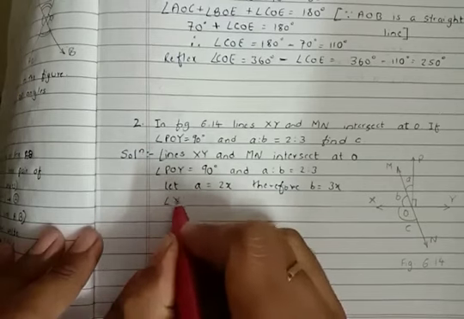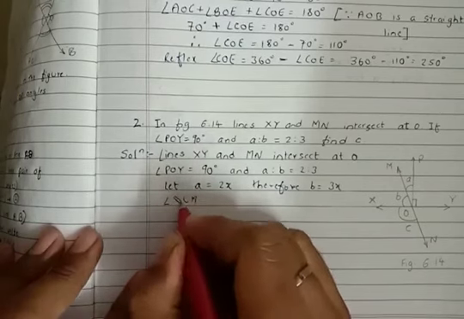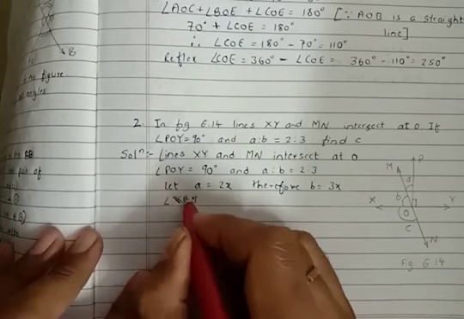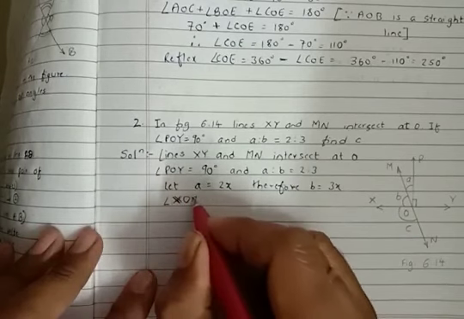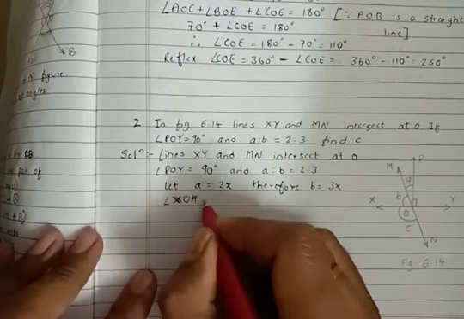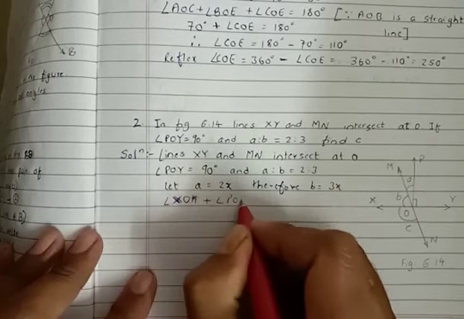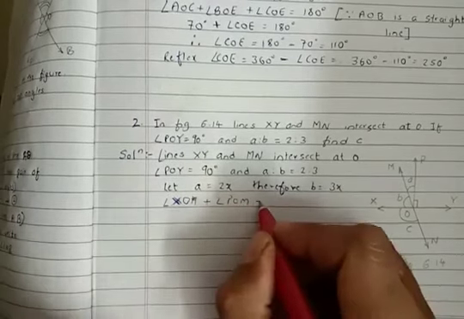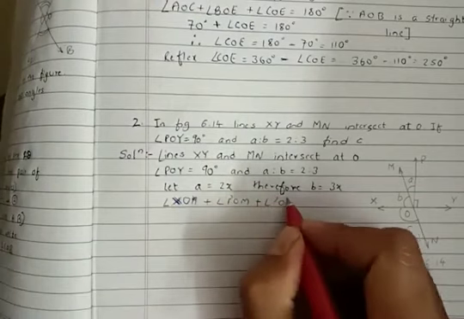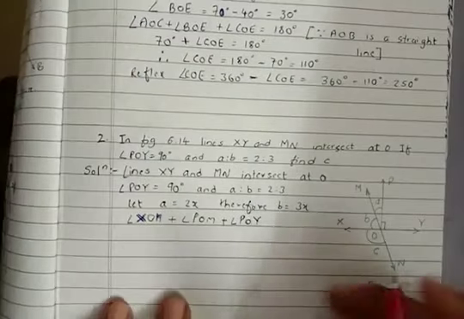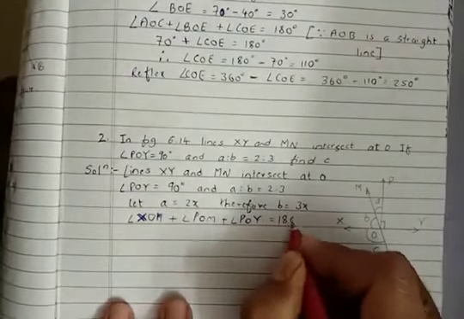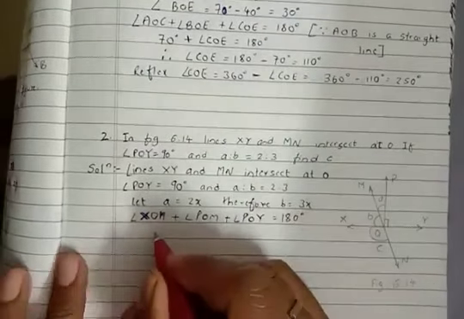Now angle XOM plus angle POM plus angle POY. The sum of all these angles is 180 degrees.